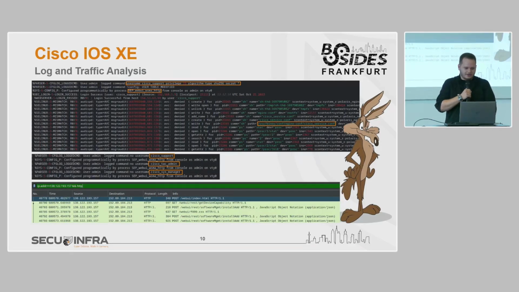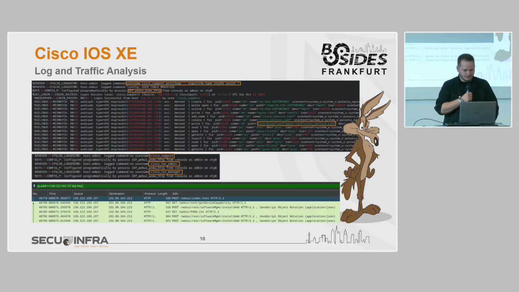Yeah, so onto the log and traffic analysis. As I said, we set up honeypots to monitor the situation and to monitor what Coyote, that's what the threat actor is named internally at Secure Infra, was doing. We saw in the logs already a couple of strong indicators of what they were doing. At the top, the font may be a bit small, I'm sorry for that.